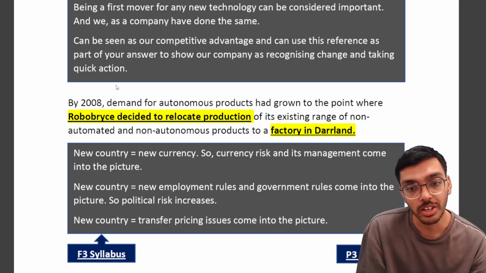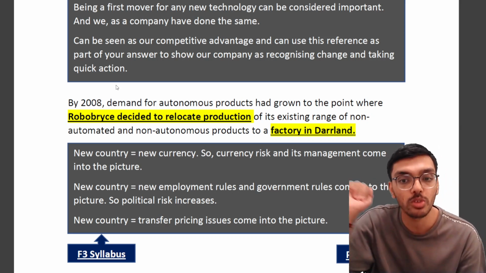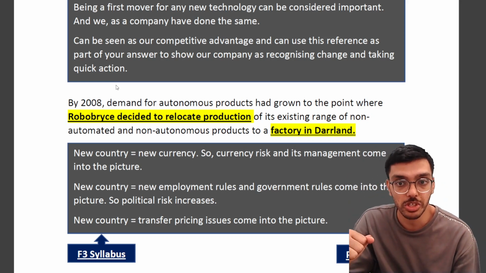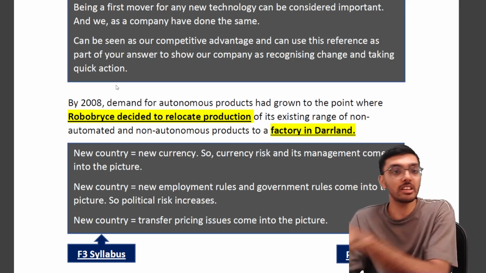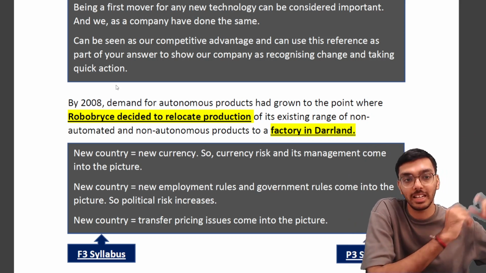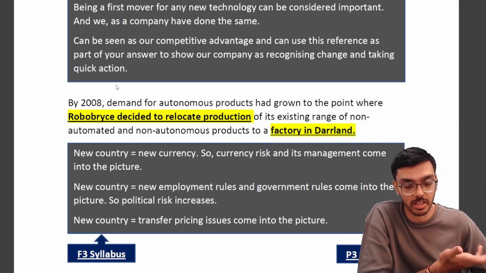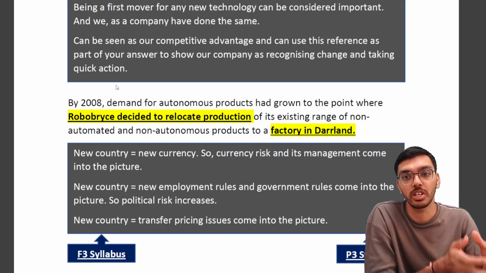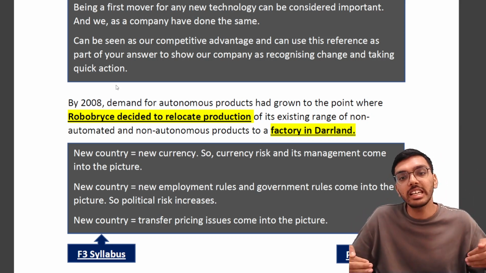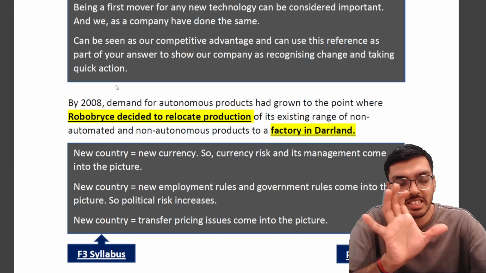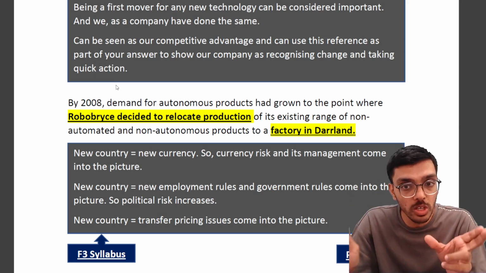Third, new country. So transfer pricing issues come into the picture because if you are making in Darland and then transferring it to my Tesland subsidiary or to my Tesland company and then selling it in Tesland, then naturally there is internal transfer of goods.